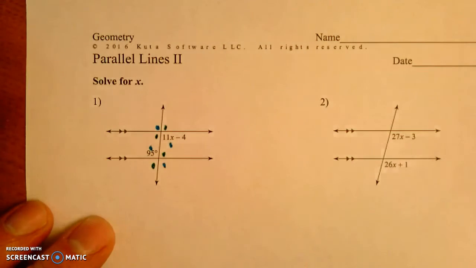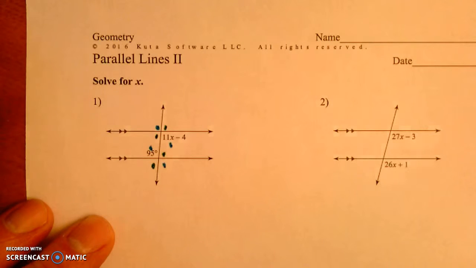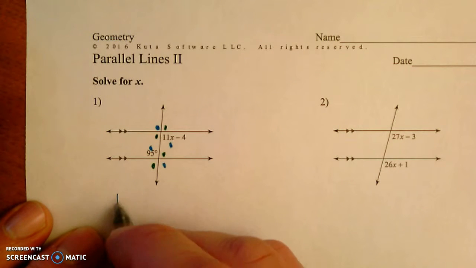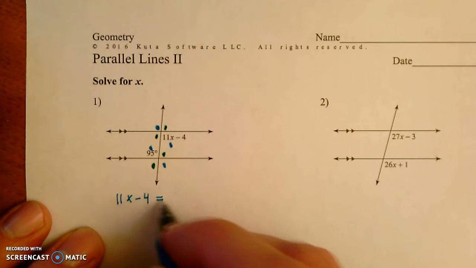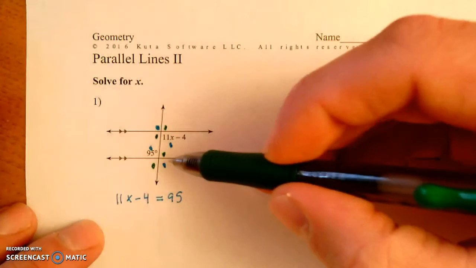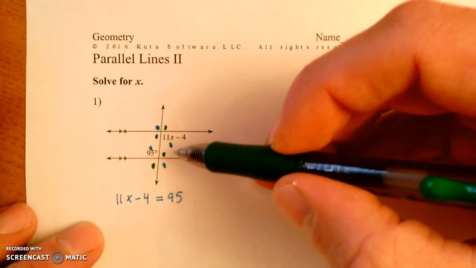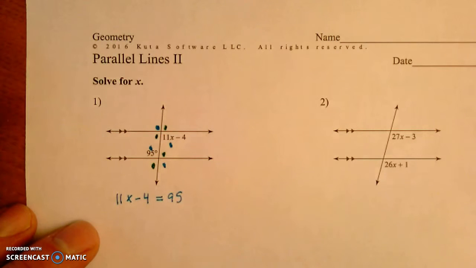And we see that 11x minus 4 and 95 are part of the same zigzag pattern, which means that they are congruent. 11x minus 4 is equal to 95. Now, if they were both green, they'd also be equal. But if one was green and the other was blue, then they'd be supplementary. They'd add up to 180.